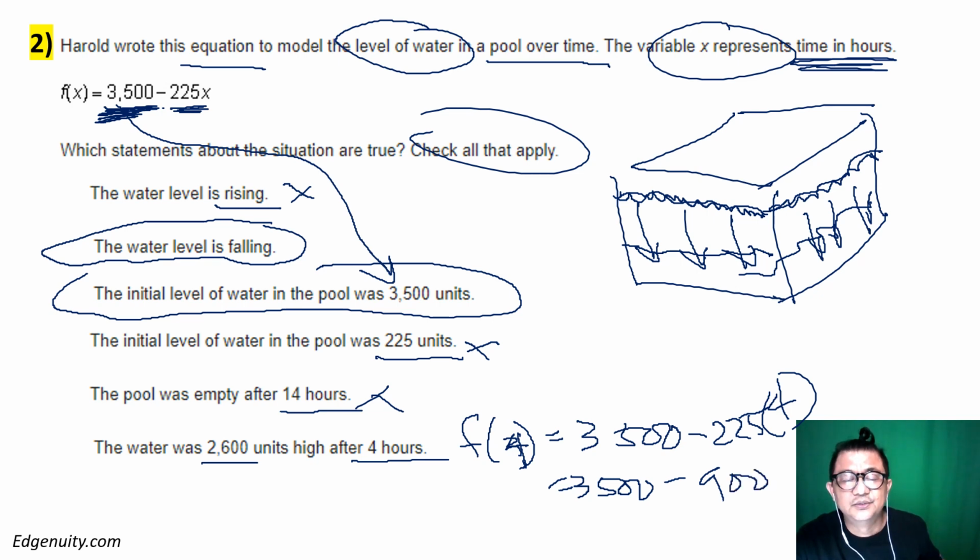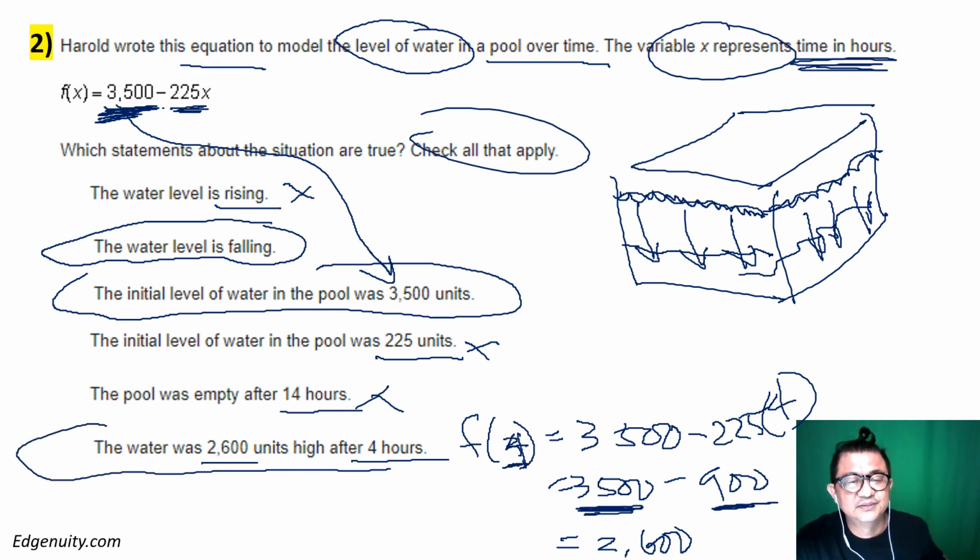So 3,500, the water, minus this amount of water is 2,600. This is now my output after 4 hours. So it makes sense. So this is the answer.